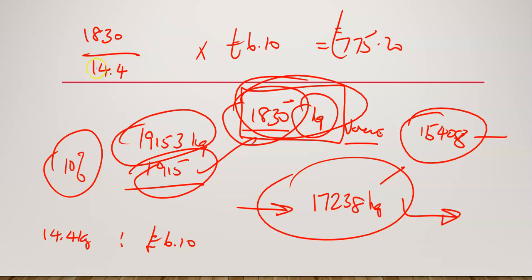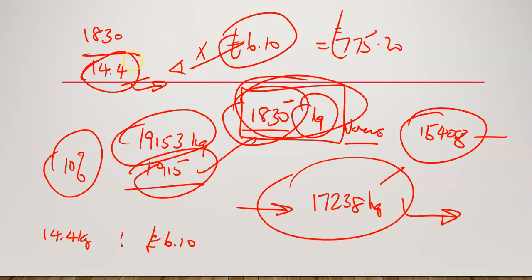That was input. This was the 14.4 output, really. So the total of 14.4 kilograms comes out, and that cost of £6.10 is really the value of those 14.4 kilograms, and therefore, if 14.4 is £6.10, what is it?